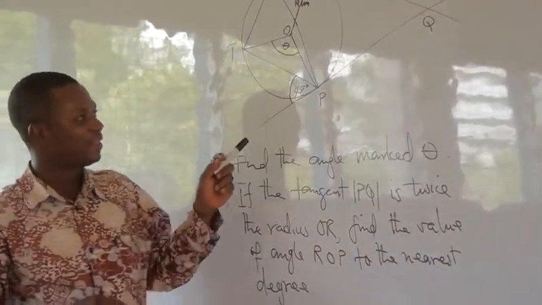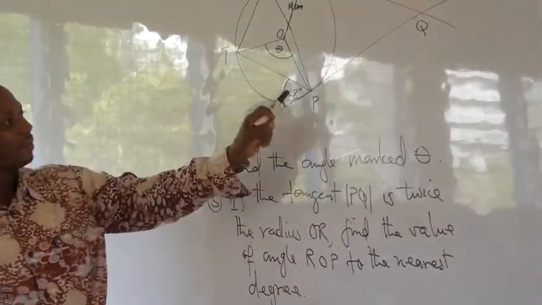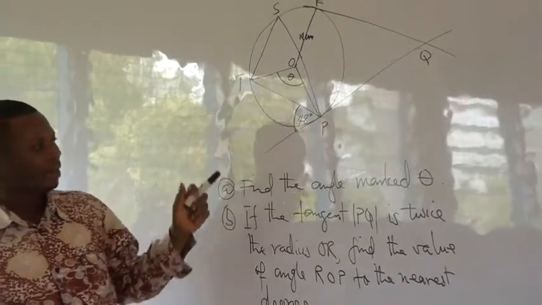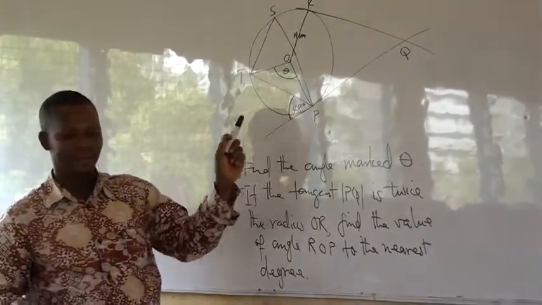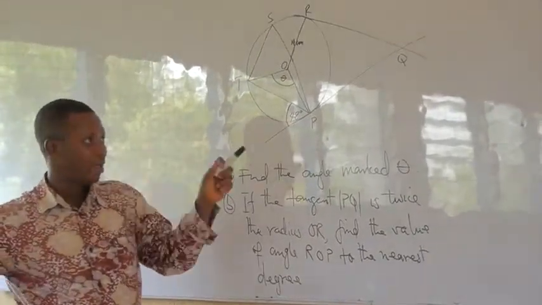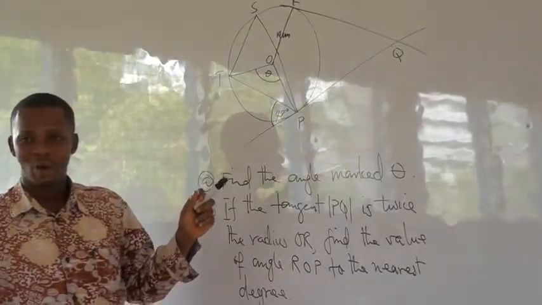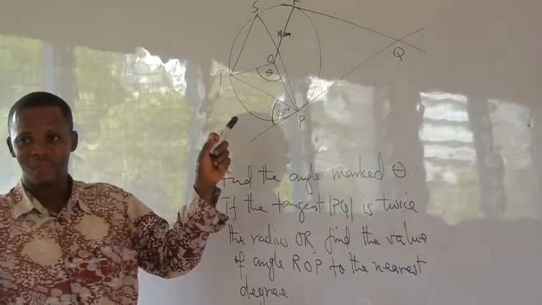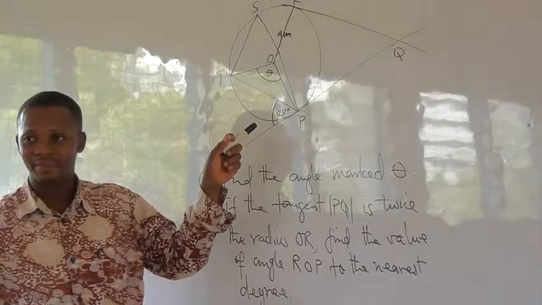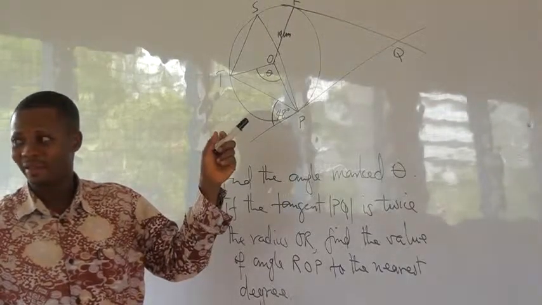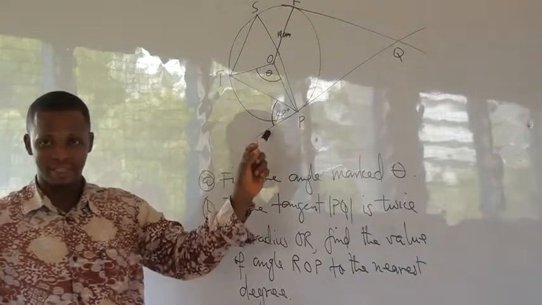If we take this, the chord PT makes this angle 48 degrees with a tangent PQ at the point of tangency, in the minor segment, isn't it?